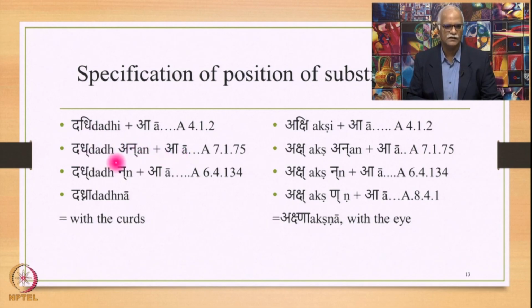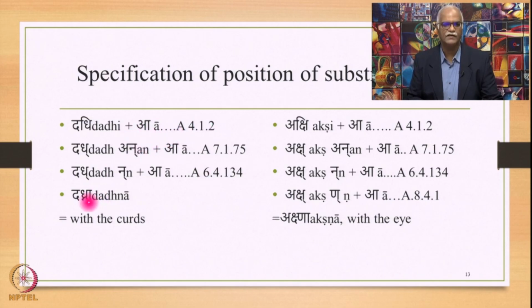And then this a gets deleted by 6.4.134. So you get dadh, n, a, and you join this together and you will get the form dadhna, which means with the curds. So in order to derive dadhna, we go through this grammatical procedure, and here are the rules which bring about these stages.